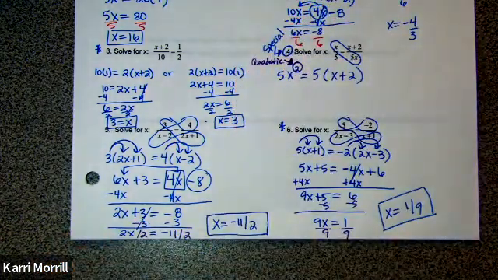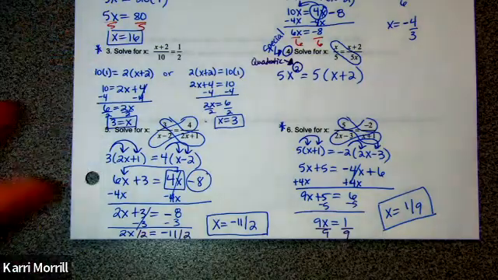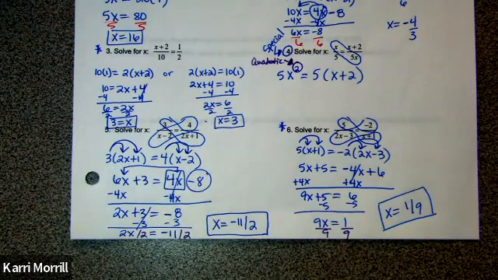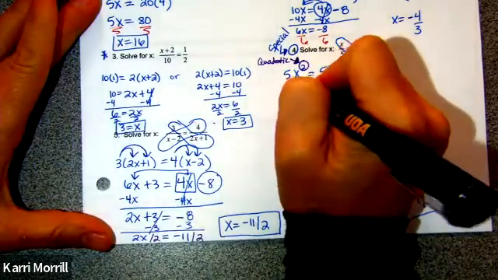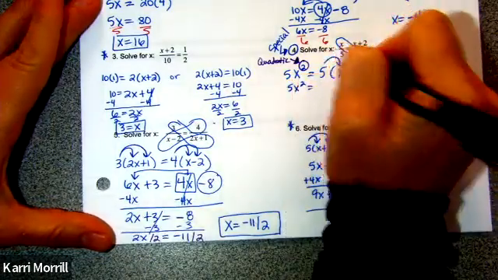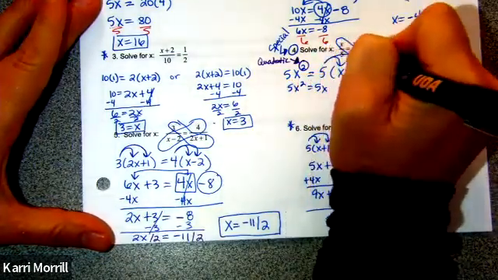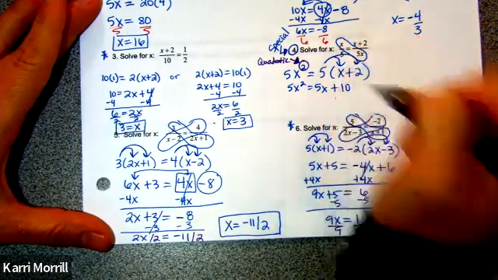Basically, that means you will have 2 x values. If you have x squared, there's 2 x values, not just 1. So the first thing we need to do is distribute: 5 times x is 5x, and 5 times 2 is a positive 10.